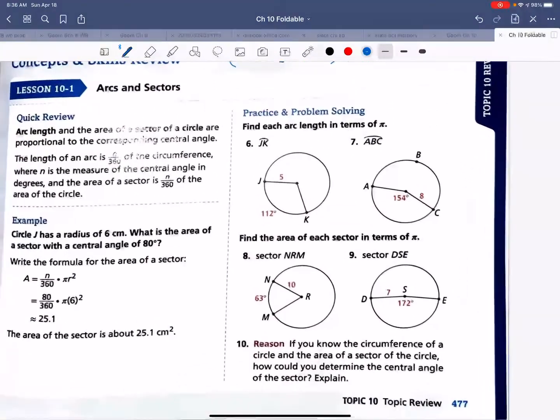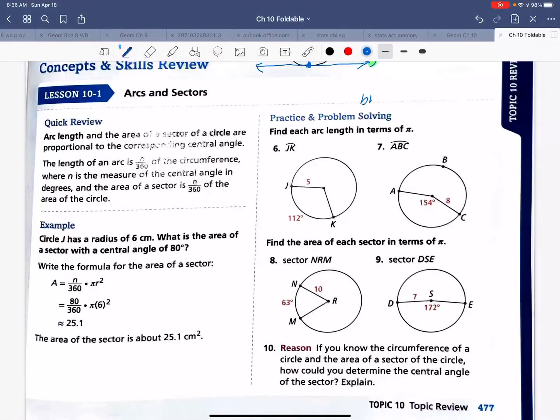Now, lesson 10-1, this is our blue and green foldable. It's saying it's a portion or a fraction. This first example, they already worked it for us. They said, what if circle J has a radius of 6? What's the area if it has a central angle of 80?